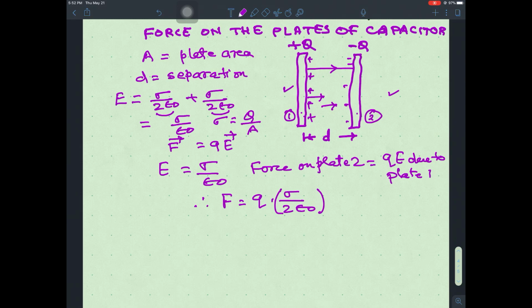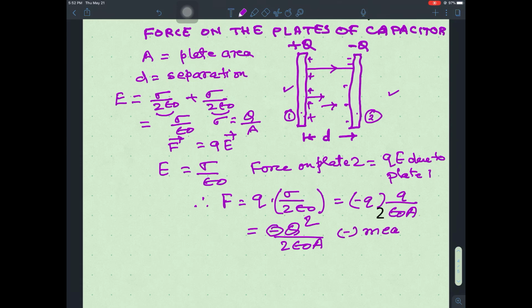So if we talk about the negative plate, it is minus Q into Q by epsilon naught A, which is minus Q square by 2 epsilon naught A. Here the negative sign means attractive force.